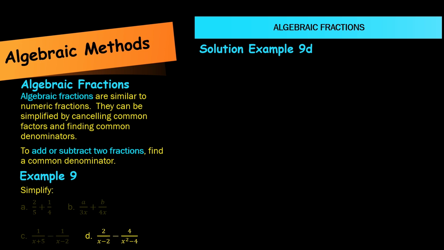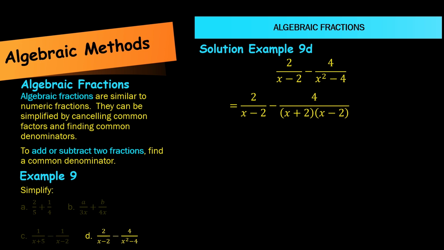We can actually factorise the denominator of the second fraction. So we're going to leave the first fraction as it is for now, and the numerator of the second fraction as it is.